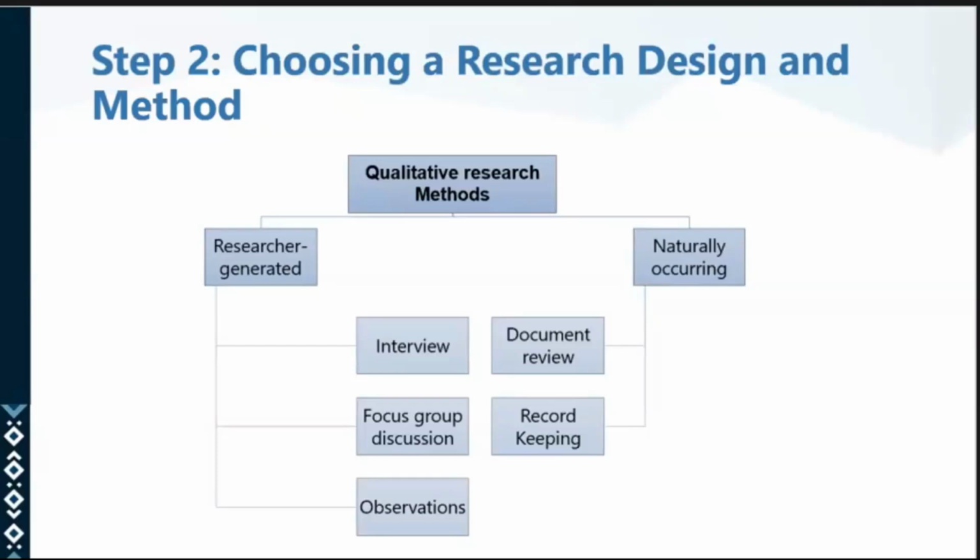Naturally occurring is data that is already found somewhere, and the researcher just goes and collects, copying what already exists. Some of those researcher-generated data collection methods are interviews, focus group discussion, and observation. Because this presentation is going to be done next week, I will not explain so much about these various types of methods.